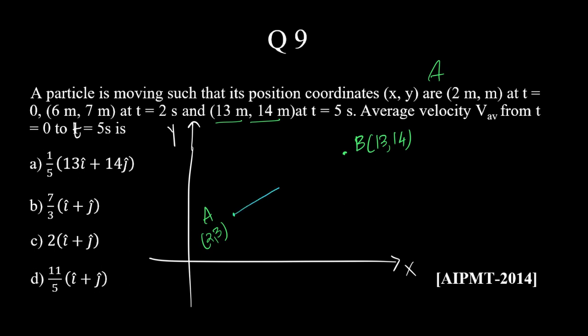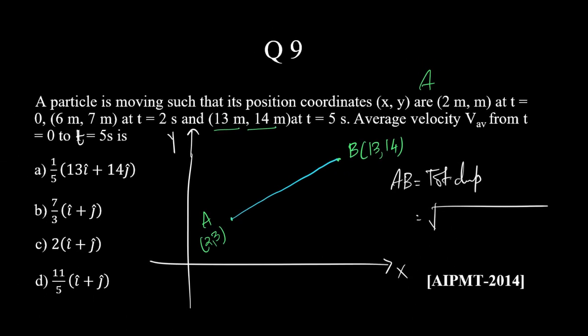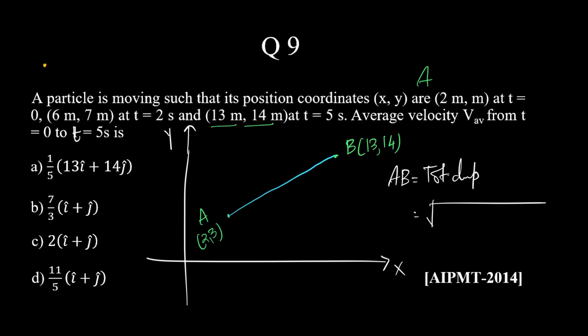Which means the displacement is AB, right? So from the exam point of view, I would do it like this. AB is the total displacement, which will be equal to root of, by using distance formula. What is the distance formula?